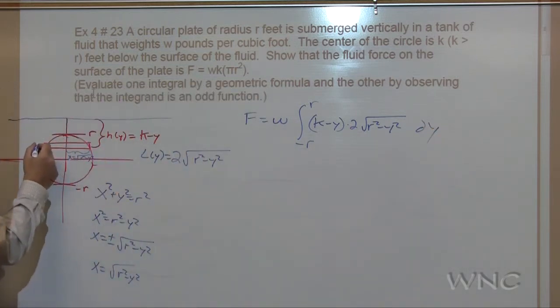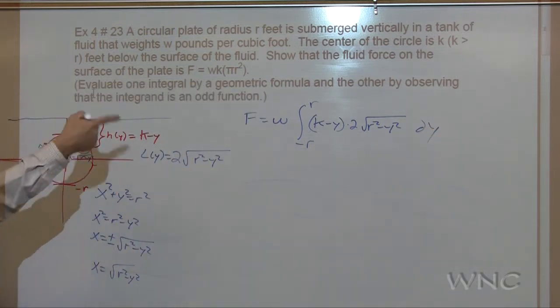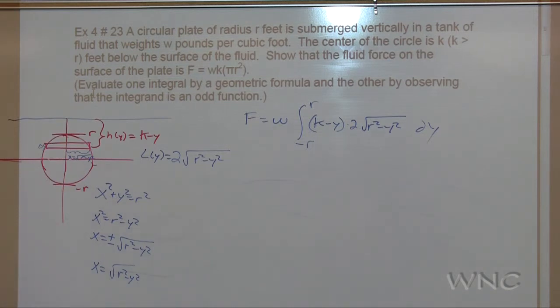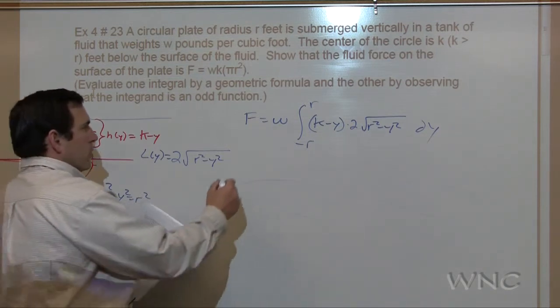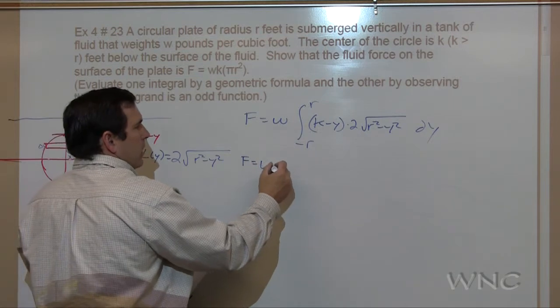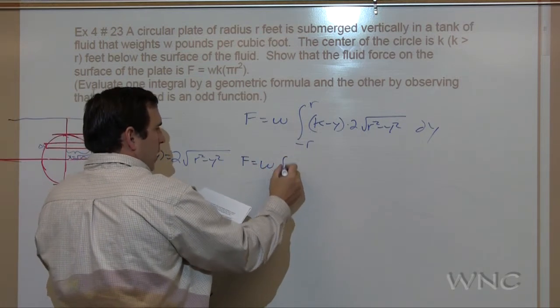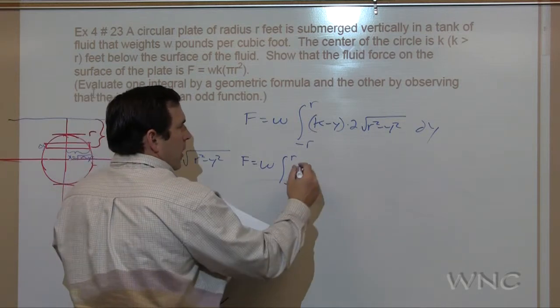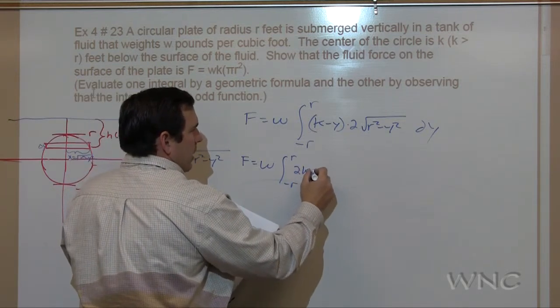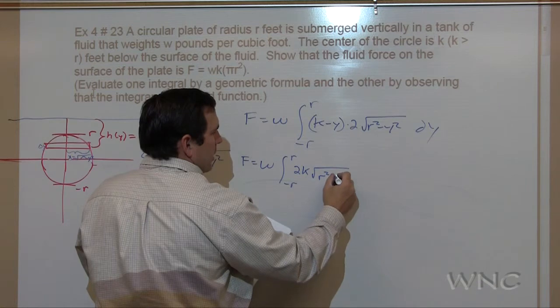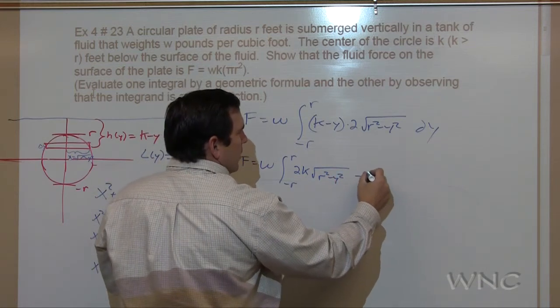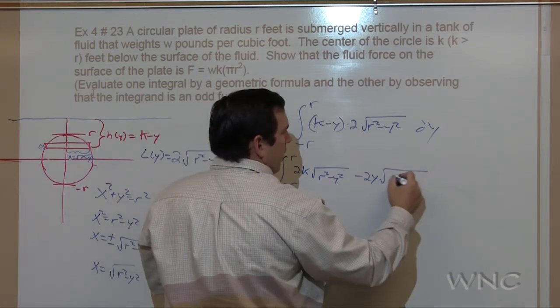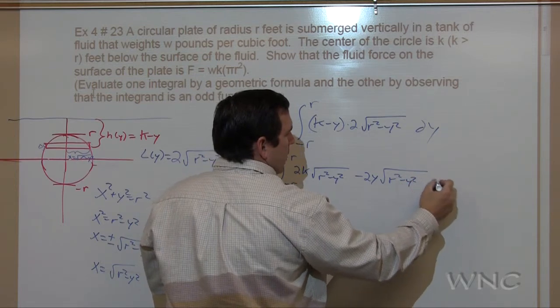And again, think of this as delta y becomes your dy. Okay, so our force is going to be W times the integral from negative r to r of 2k times the square root of r squared minus y squared minus 2y times the square root of r squared minus y squared dy.